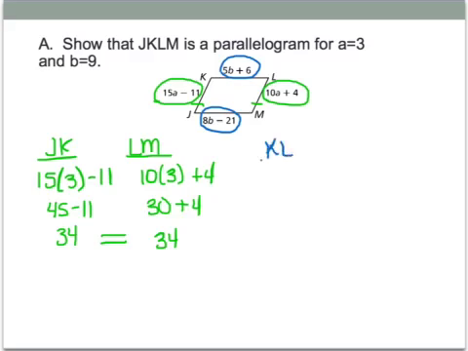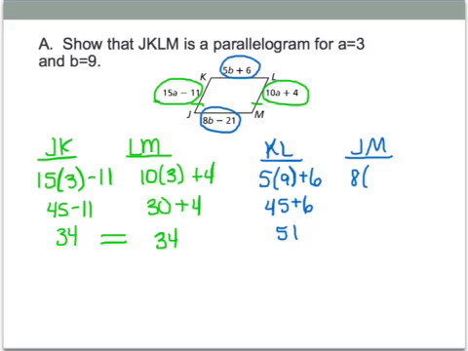Let's find the length for segment KL. But now for B, I'm going to plug in 9. So I have 5 times 9 plus 6. Well, 5 times 9 is 45. If I add 6 to that, I get 51. Let's do the same for segment JM. Plug in 9 for B. 8 times 9 is 72.